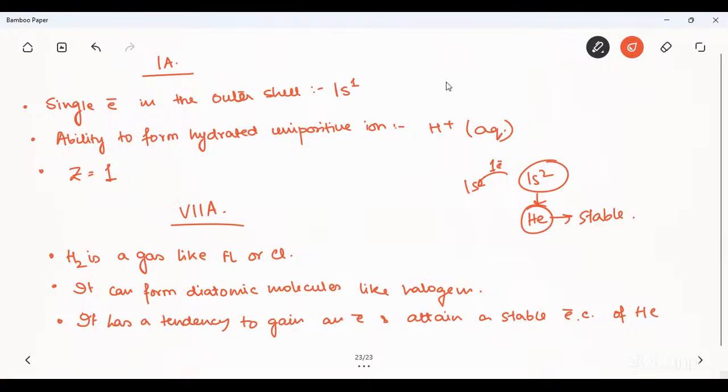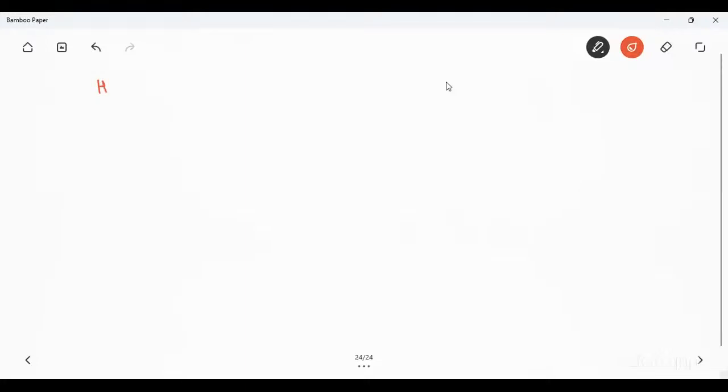So at times it is noted that hydrogen has not a great tendency to lose an electron, right? This is also an important point.